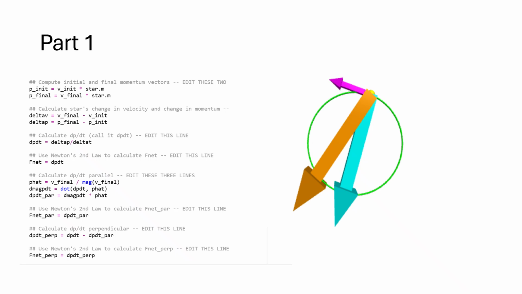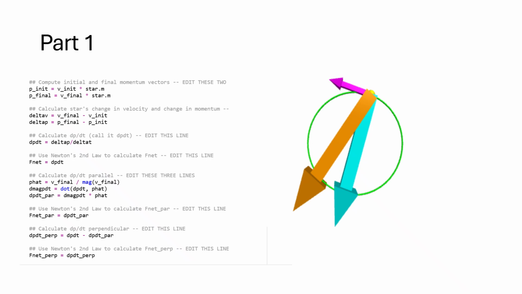First, we calculate position by calculating the change in distance from the first position to the second position, and then we divide that by time so we can get velocity, and then we multiply that by the mass of the star, and basically we get delta V and delta P. Using F net, which is change in momentum over change in time, we can find Newton's second law.